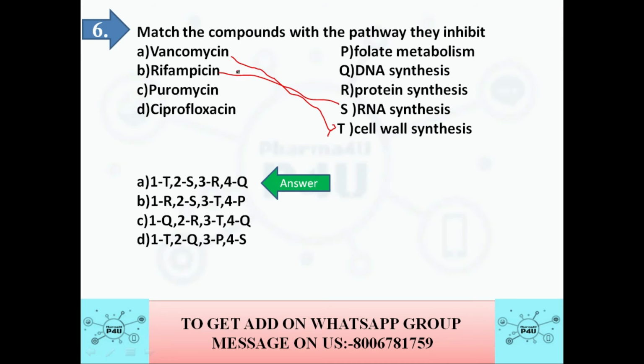Sorry students, it's alphabets, so 1, 2 and 3 and it's on 4. Sorry students for the technical problem. So rifampicin acts on RNA synthesis inhibition, puromycin acts on protein synthesis inhibition and ciprofloxacin acts as DNA synthesis inhibition. So it's a complete answer students.